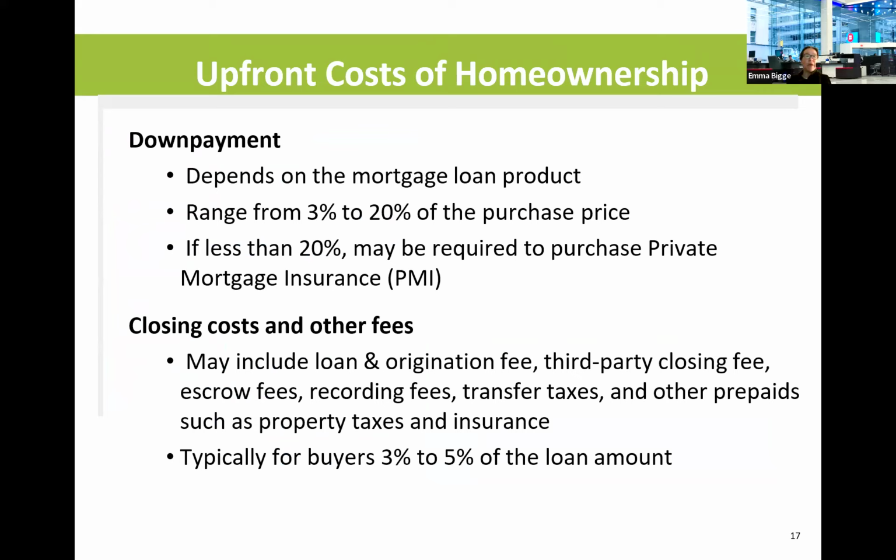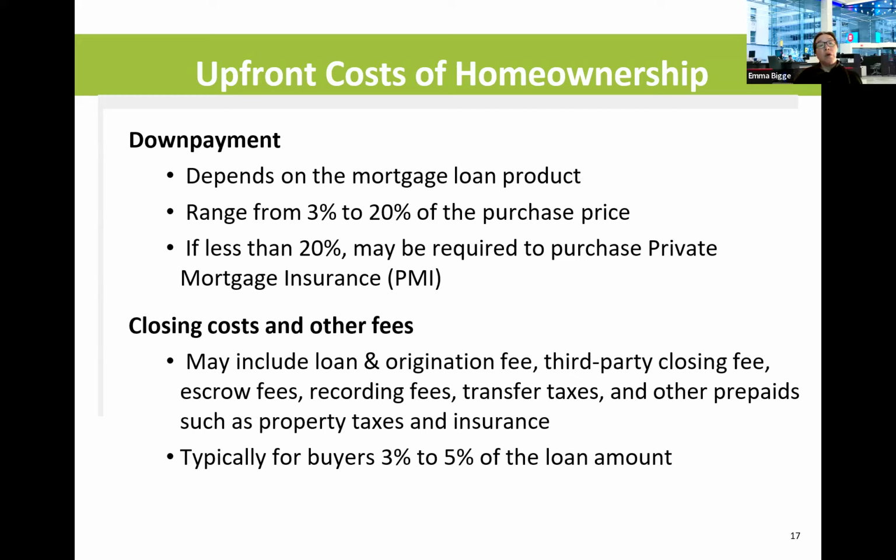Upfront cost, the down payment, the closing cost, those types of things we talked a lot about. The down payment is, like I said, an upfront personal investment. Normally, how much is that? A lot of people ask, do I have enough money for the down payment?